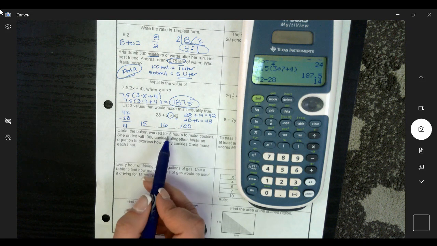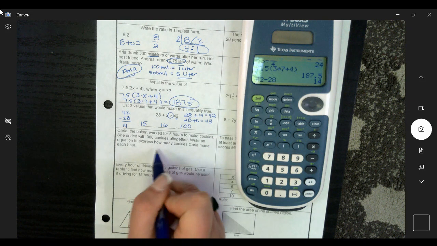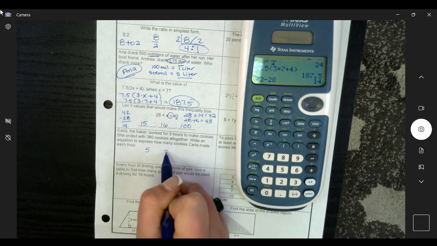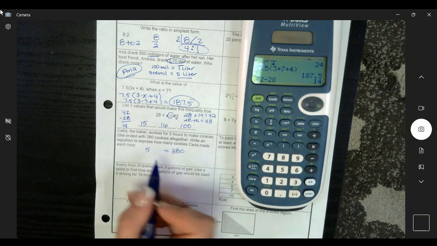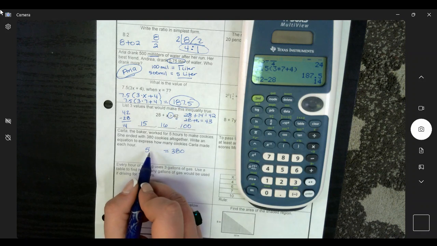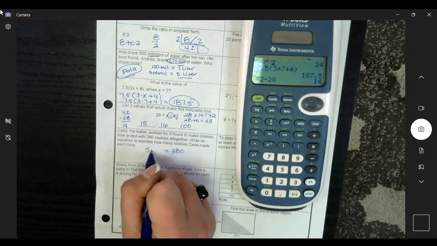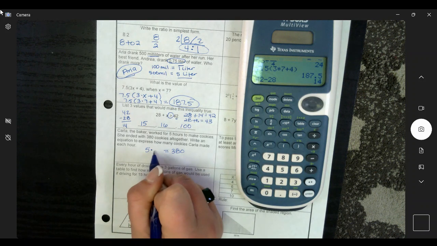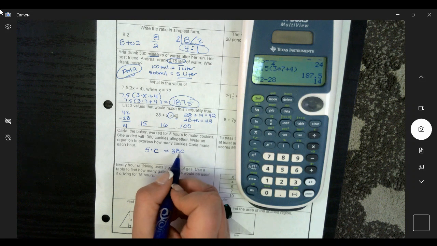So if she worked 5 hours, and she ended up with 380 cookies in the end, how many cookies did she make per hour? What operation is that going to be? That's going to be multiplication. So for 5 hours, she made C amount of cookies and ended up with 380 cookies.